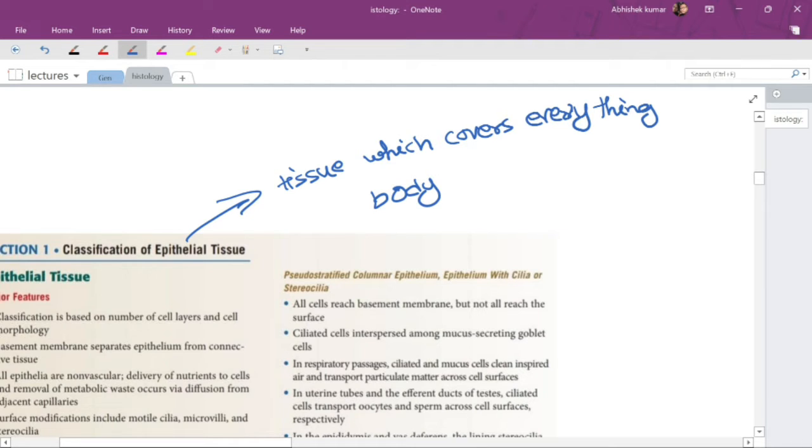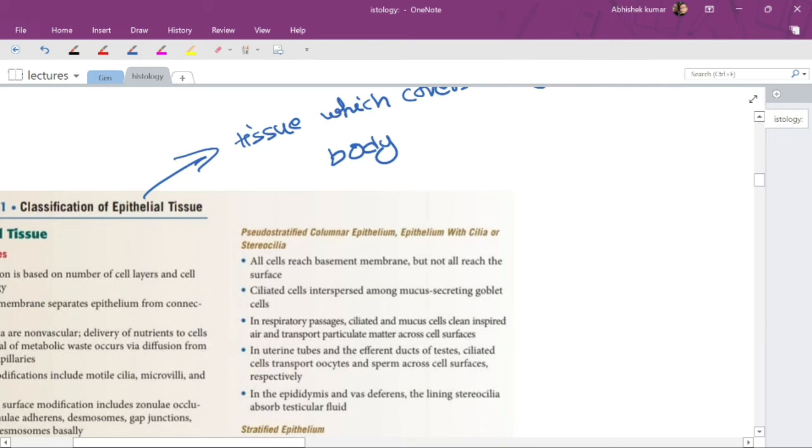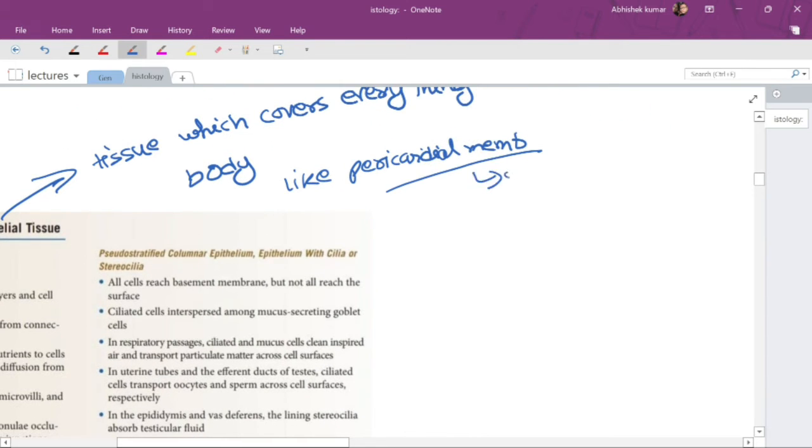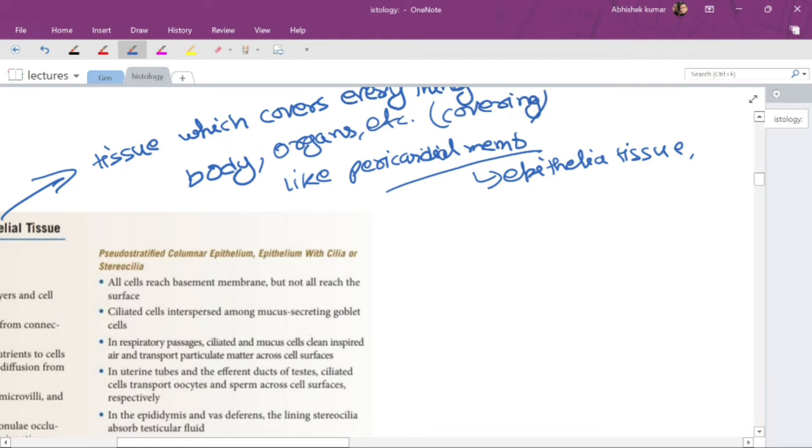Skin is epithelial tissue, and it covers the organs, like the pericardium membrane. It covers the heart, so it is also made up of epithelial tissue. So we can say it will also cover the organs, etc. So basically it is the covering of everything.